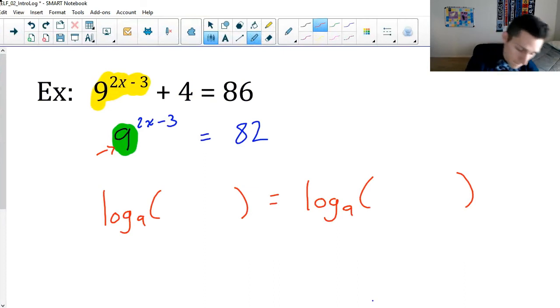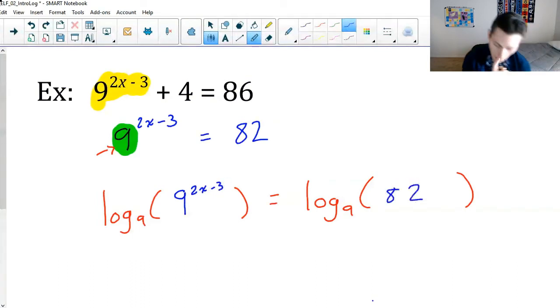And the stuff that was on the inside just stays on the inside. Log base 9 and the base 9 exponential, they cancel each other out.